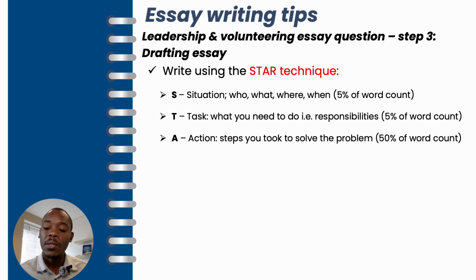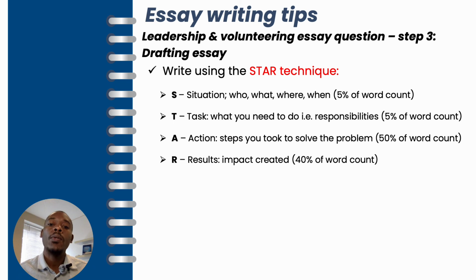Those are the actions that you undertook, and this should carry the majority of the essay. You should be able to demonstrate you did A, B, C, D. It should carry the majority of your essay writing component, and I'm recommending about 50% of the total word count. And finally, you need to show the results of what came out from your leadership experience or from your voluntary experience.